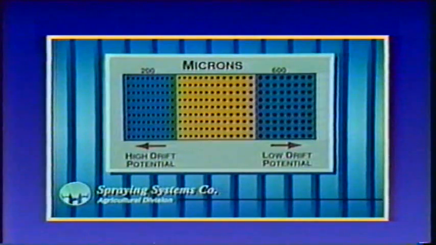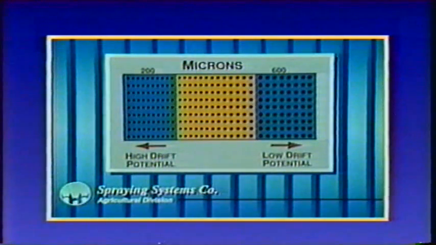Minimizing fine spray droplets is perhaps the most important thing you can do to reduce drift. Larger droplets make it less likely that a pesticide will move off target because they reach the target faster than smaller droplets. As a result, larger droplets are less likely to be displaced by wind movement. Micron is the term used to indicate the measurement of spray droplets.